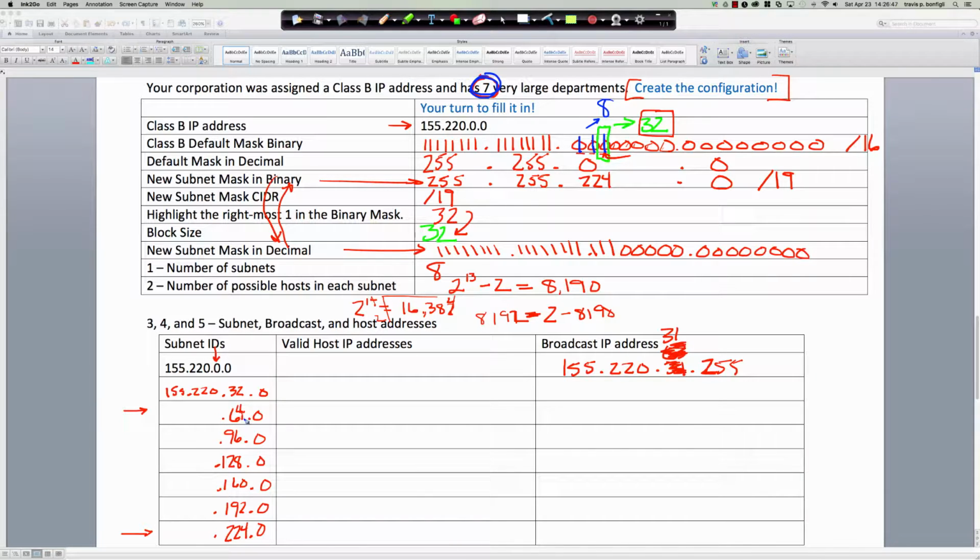So .64.0 is the third subnet. So then the broadcast address would be 155.220.63.255. And then it's going to be .95.255, .127.255, .159.255, .191.255, and again, it's the same first 2 octets all the way down.